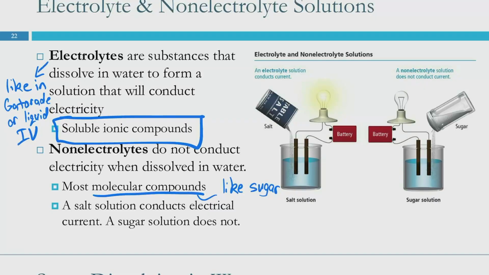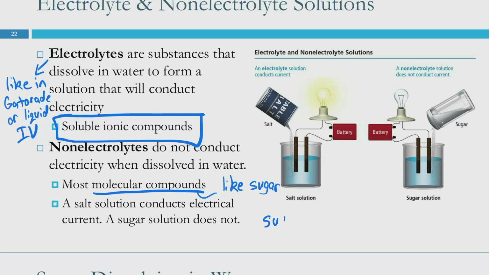They're neutrally charged, and so there's nothing in the solution to do a lot of conducting electricity. Sugar molecules are not charged, or rather are neutral, and don't conduct electricity.